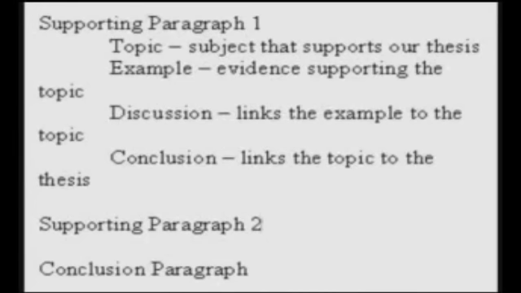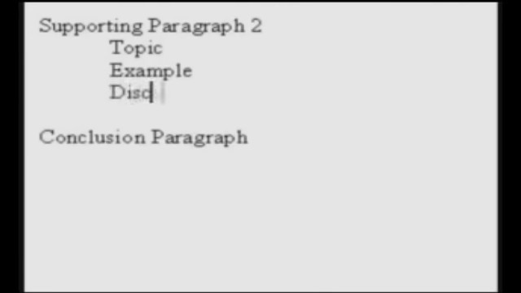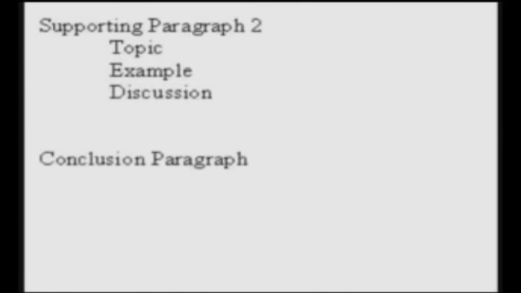Okay. Now supporting paragraph 2 follows the same outline as supporting paragraph 1, except that it has a different topic. And if it has a different topic, then it must have a different example and a different discussion, and finally a different conclusion.